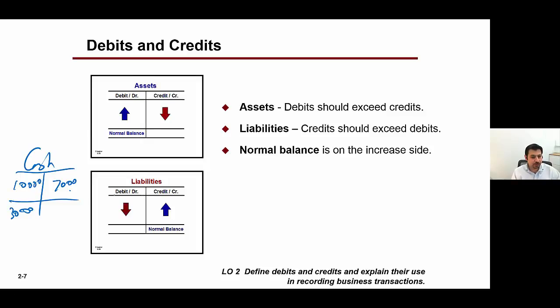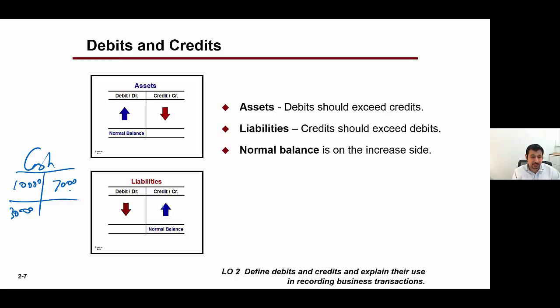Liabilities are the other way around. Liabilities should have more credits than debits, and in this case the normal balance is on the credit side, which is the increase side.